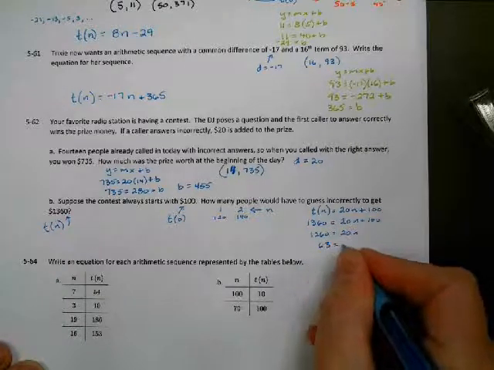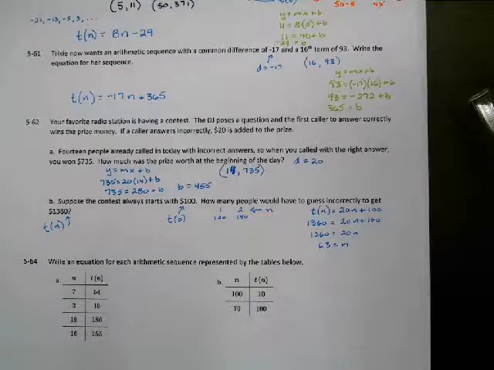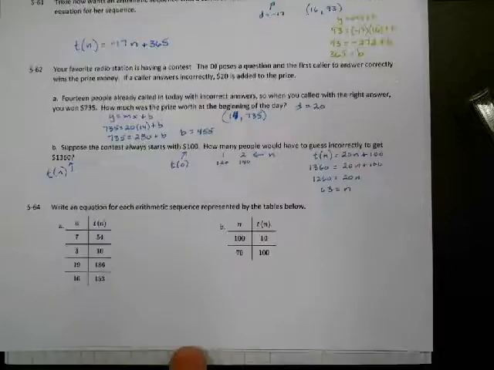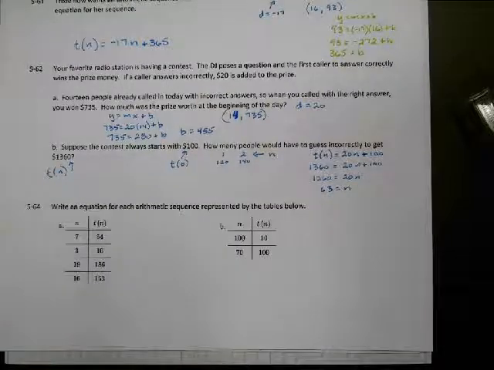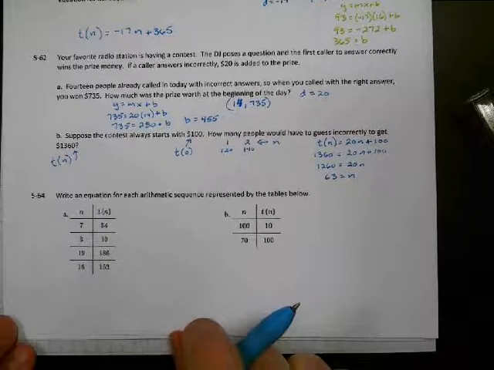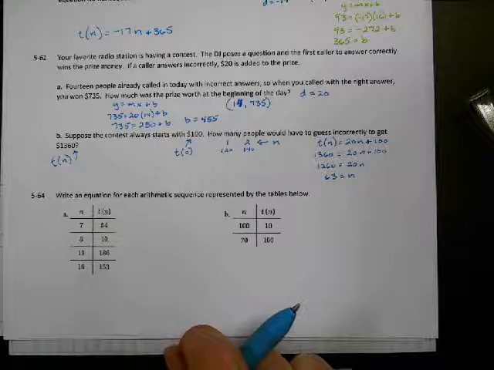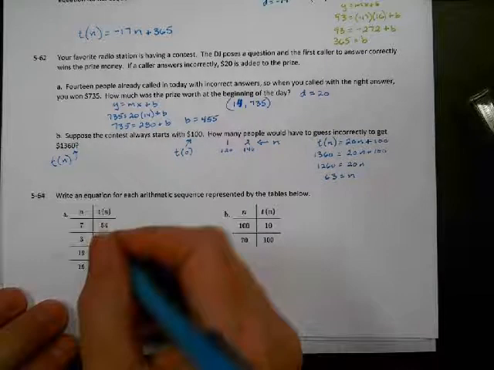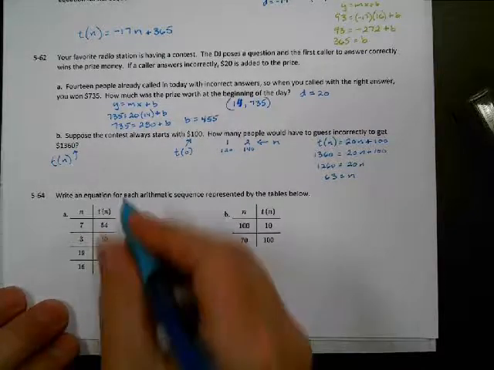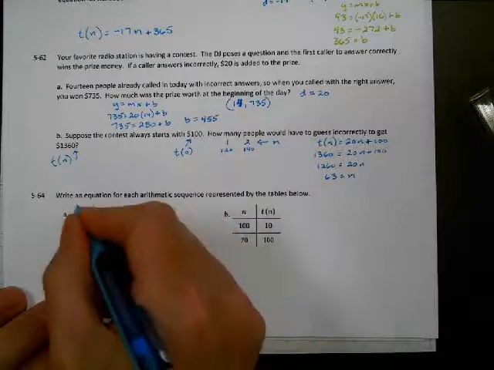All right, last part. Write an equation for each arithmetic sequence. Okay, so all you have to do to find a sequence is start by finding the common difference. So all you have to do is pick any 2 points here. So these are our x values, these are our y values. So our common difference is our slope number.